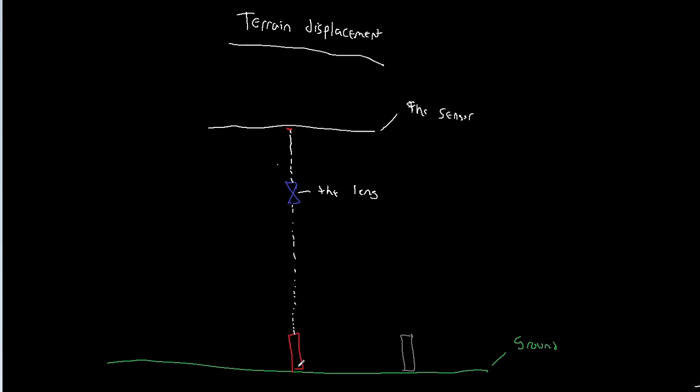If we were to draw a line from the bottom of the object through the lens, it's also going to end up here. So if you were to look at this image, this object would just be a square because the top and the bottom are directly on top of each other.